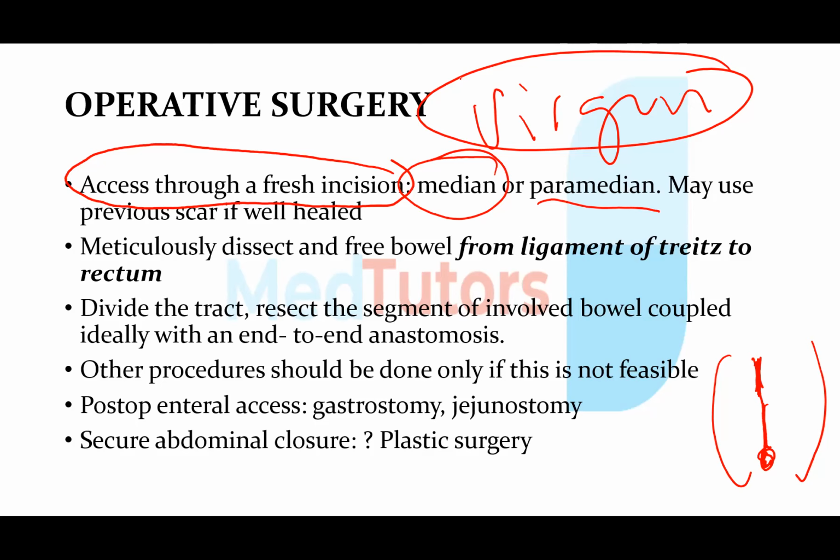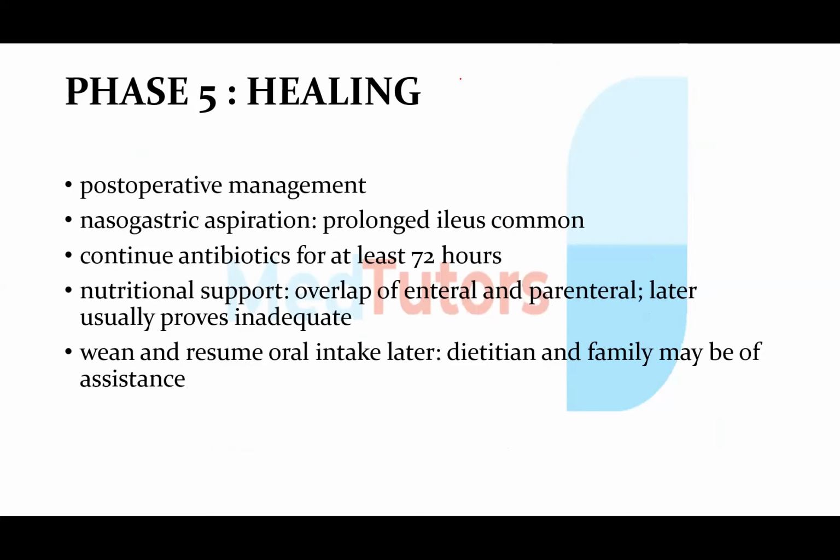Okay, if a patient has a gastric fistula, you can do a what? Jejunostomy. Okay, then you secure the abdomen. And the last phase is the healing phase. So phase 4 is you do a definitive surgery, definitive treatment.